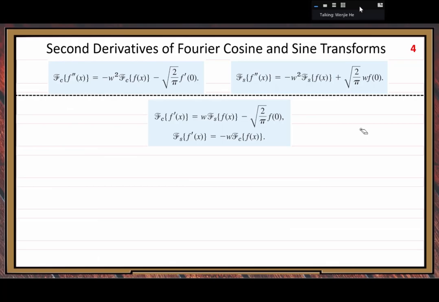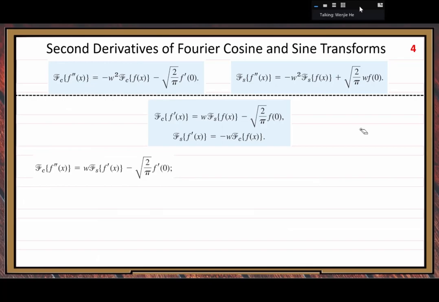For the Fourier cosine transform of the first derivative, we need to use the Fourier sine transform in its result. For the Fourier sine transform of the first derivative, we need to use the Fourier cosine transform in its result. So this is a kind of cross usage. Now let's look at the second derivative.